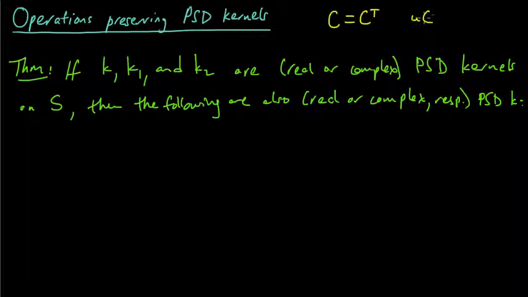And for any vector u, we have u transpose C u non-negative. And just to remind you what a complex positive semi-definite kernel was, in that case, the matrix C was Hermitian, so it was equal to its conjugate transpose. And we had that u conjugate transpose C u was non-negative for any complex valued vector u.